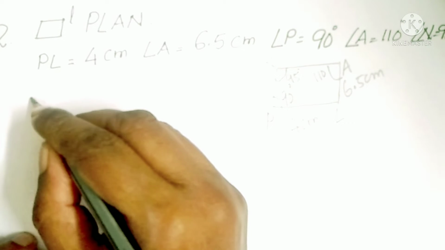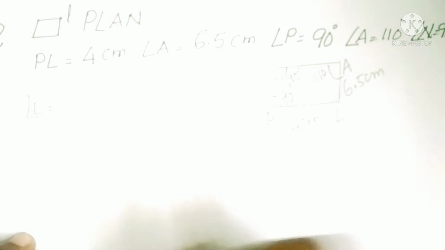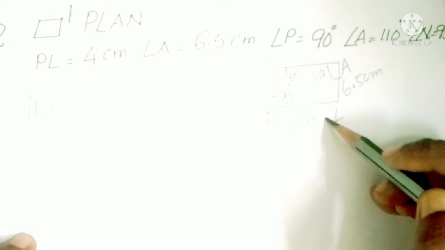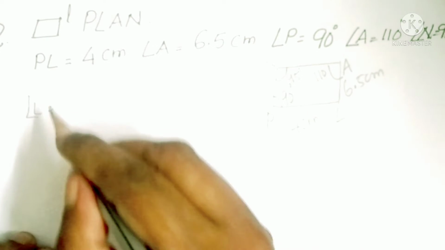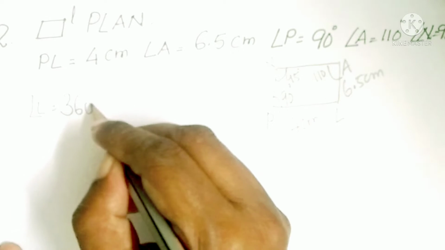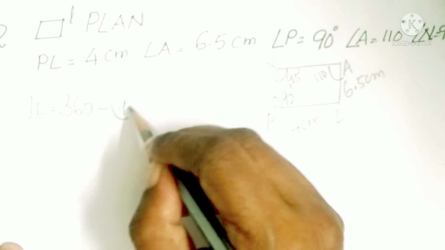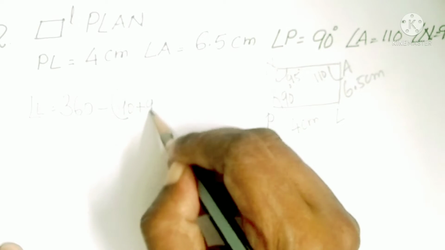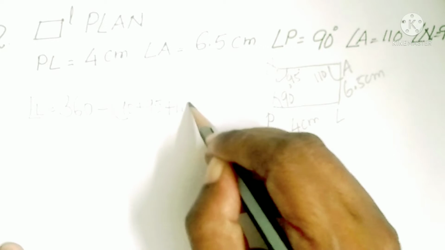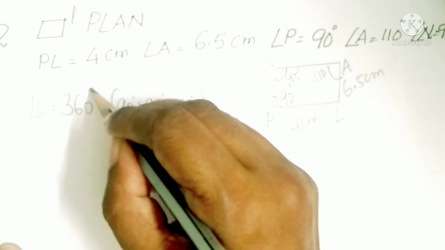So, first of all, angle L is equal to, how will you find out? The total measure of all the 4 angles of a quadrilateral is 360 degree. So, 360 minus, in the bracket, 90 plus 95 plus 110. Okay.